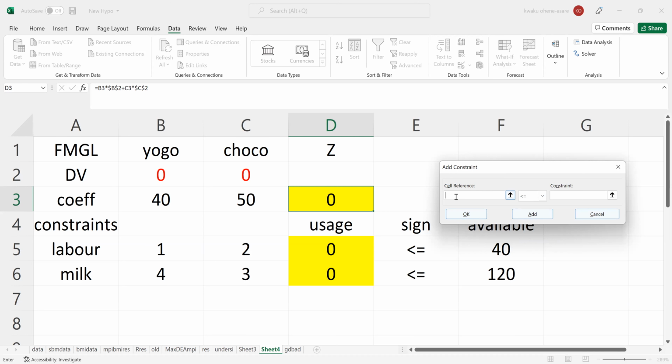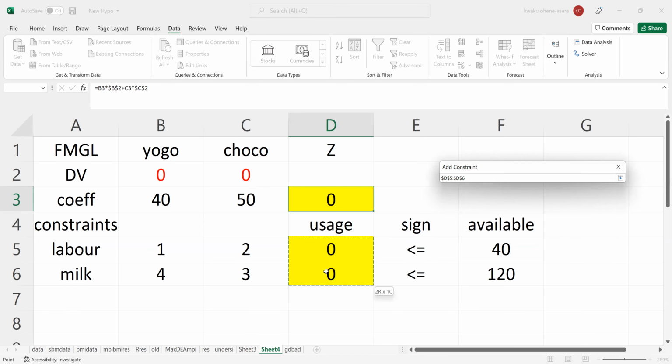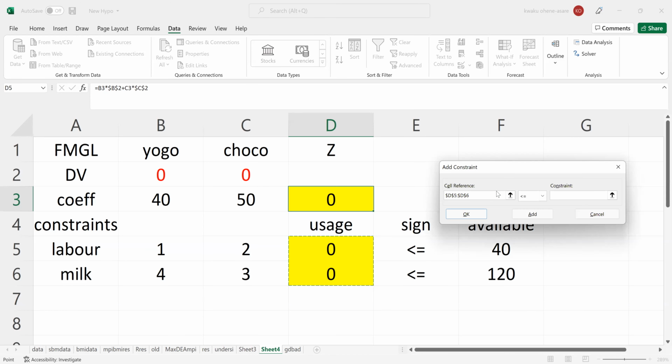Just make sure the cursor is blinking at the cell reference, the left-hand side. Click the first 0 for the usage and drag it to the second 0 down. Once you release your hand, you should see D5 to D6. Then you select the symbol.